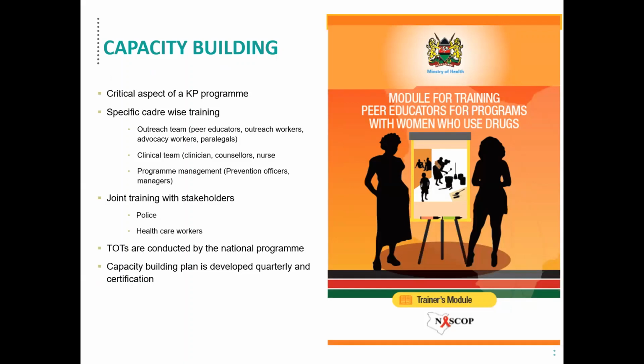For program management, we have prevention officers and managers, and we have joint training with stakeholders, the police, and healthcare workers. Then we have trainers of trainers, conducted by the national program, and a capacity building plan developed quarterly, and we have certification. For all the healthcare workers whom we train, we certify them using the NASCOP system.